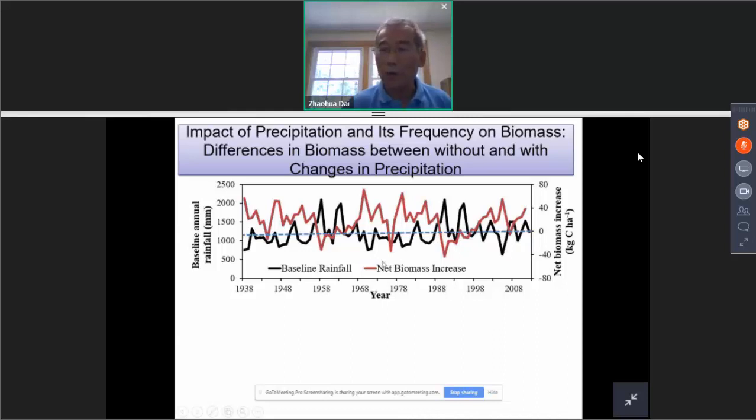When the precipitation is lower than 1200, what is the increase in biomass? If it is higher, then you can see the black line. The black line means the original precipitation.